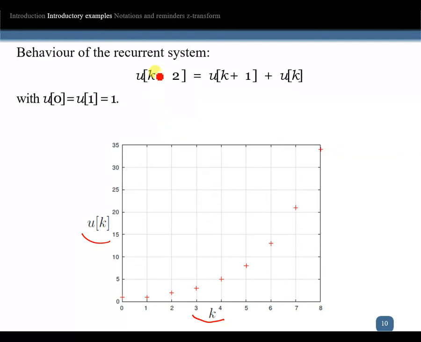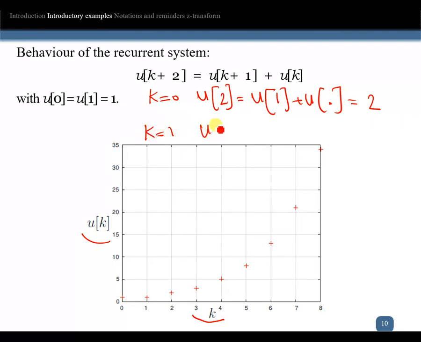Imagine if I put k equal to 0, I can find u2 is equal to u1 plus u0. I know u1 is 1 and u0 is 1, so u2 equals 2. And if k equals 1, you can find u3, and you can find point by point the different values of u(k) based on the value of k.